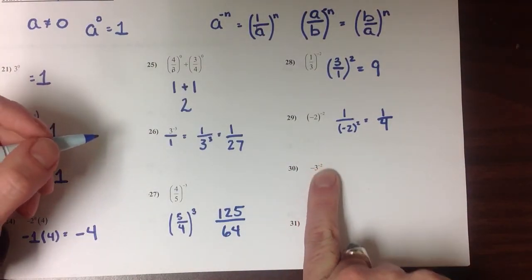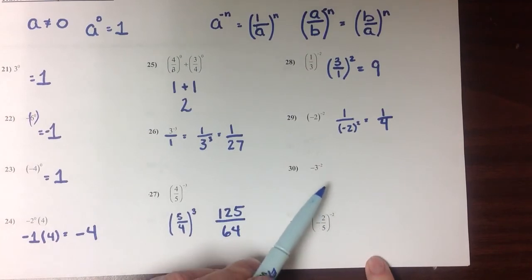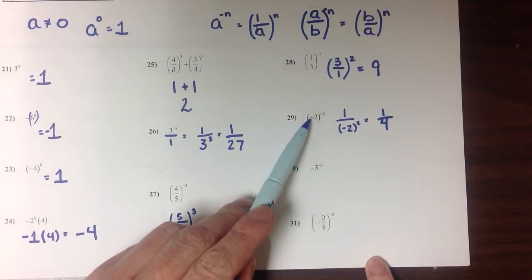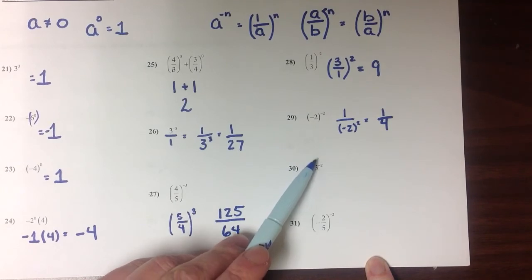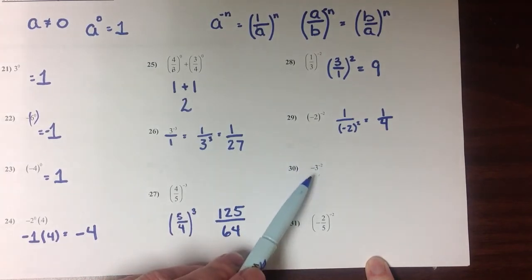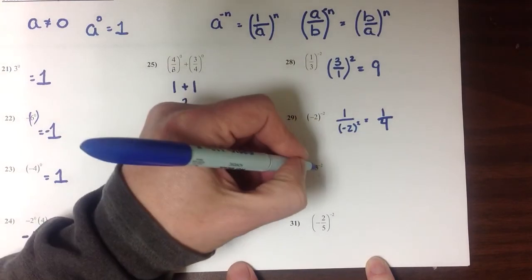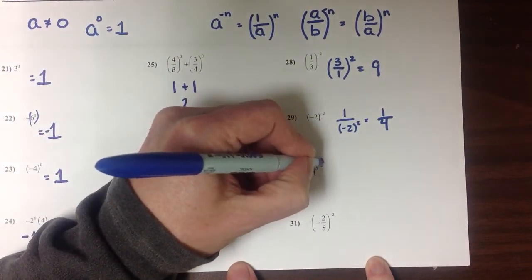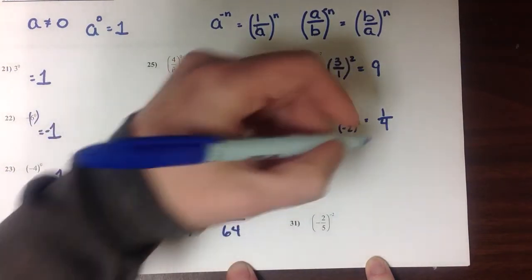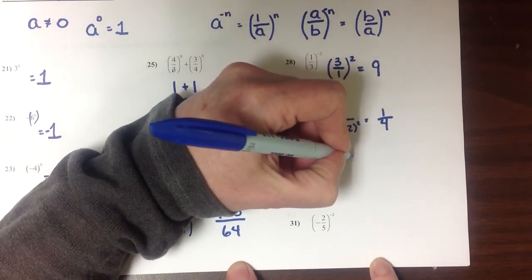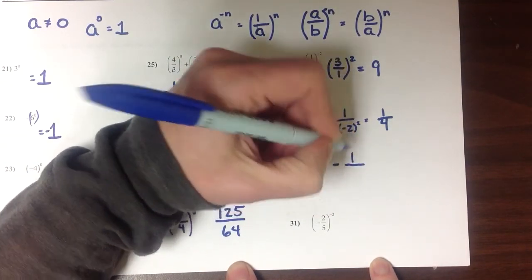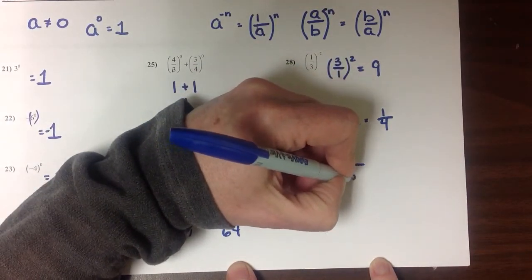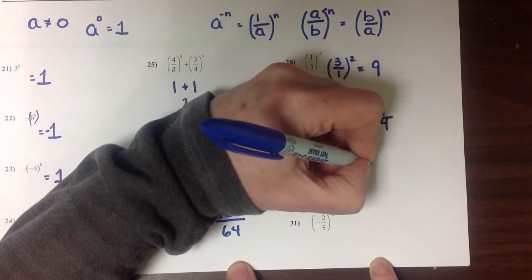3 to the -2. Again, notice the difference between this problem and this problem. Here, the negative sign is not connected to the 3 inside parentheses. So only the 3 with its -2 exponent are going to be moving to the denominator. So we still have the negative out front with the 3 getting squared.